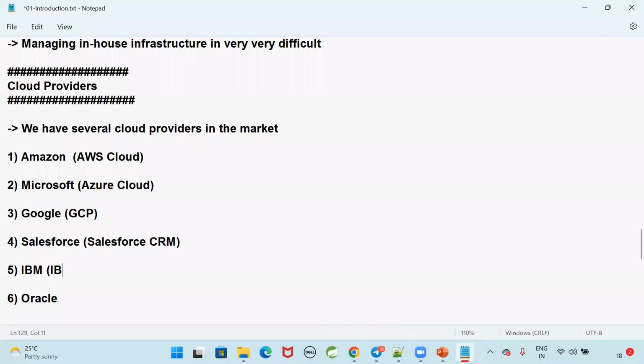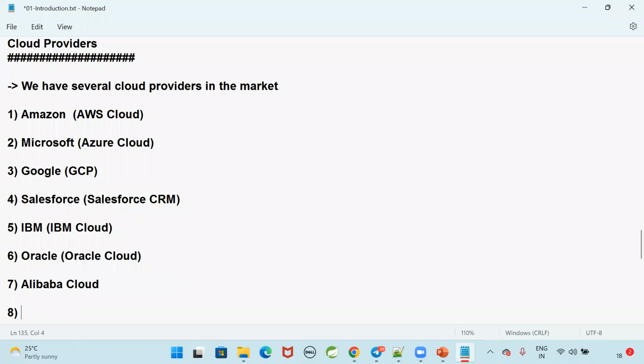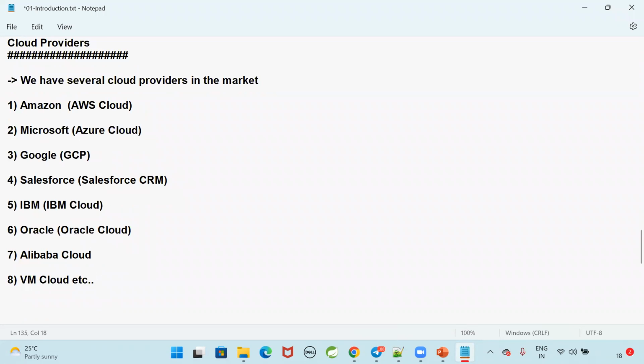IBM has a cloud platform called IBM Cloud. Oracle has Oracle Cloud. Similarly, Alibaba Cloud and VMware Cloud are available. There are so many cloud providers in the market.